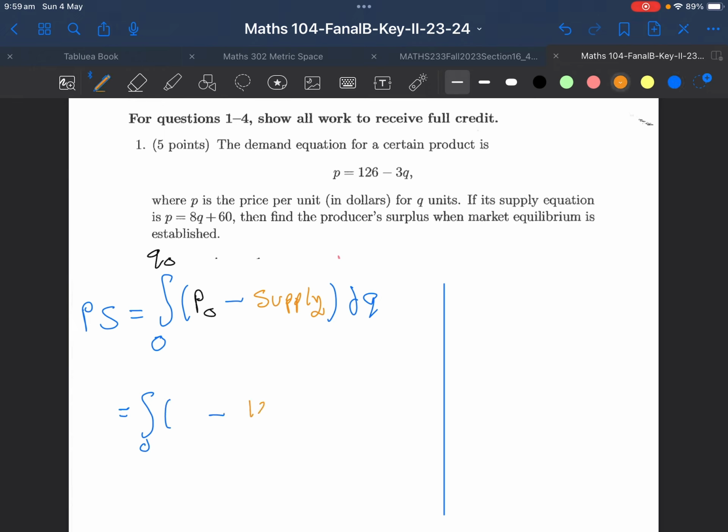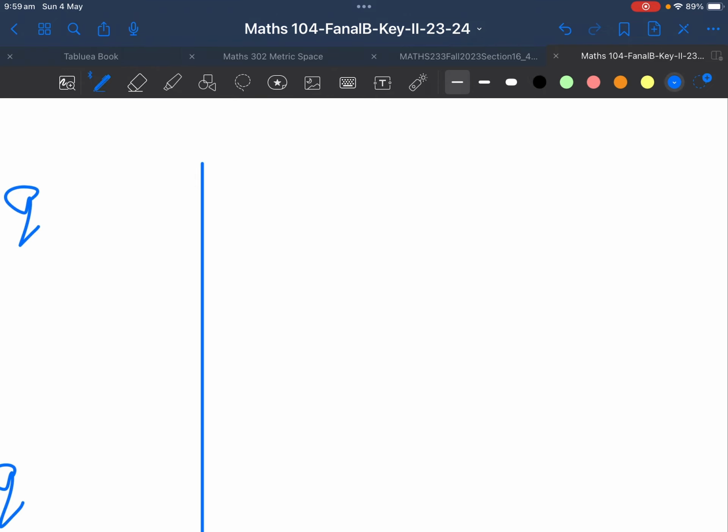And for that, we write the supply, which is 126 minus 3Q. And now, you need to find for me what is the question mark here. How do we find it? We go here and we write find the equilibrium point.